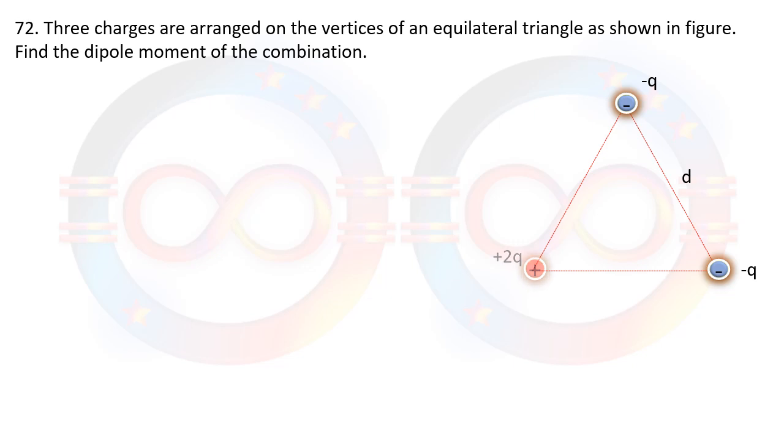Now we are going to take 2q as q plus q, because a dipole by definition should have equal and opposite charges placed at small separation.